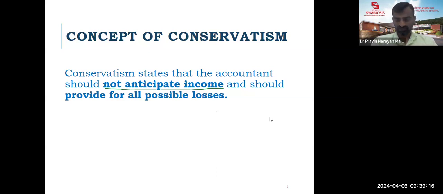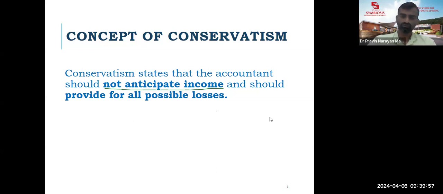In the same way, if the patient is not admitted in the hospital or has not visited the clinic, can you consider the fee of that patient in your books of account? Can anybody tell me? Suppose a patient has not visited the clinic or has not booked the appointment for the visit. Can you consider that as your income?